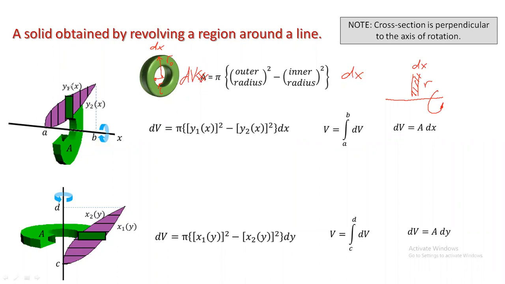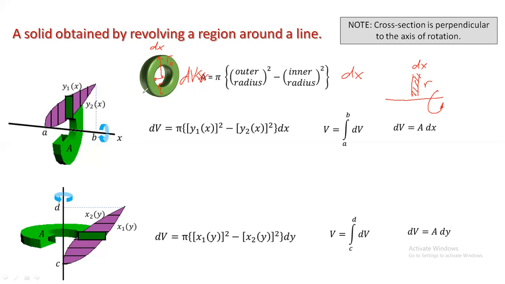If you have several of these, on the designated limit of integration, then you will have the entire volume of the shape that you are accounting for. But what did you use? You used the washer method, because the area that you have determined has a hollow portion, or specifically the solid of revolution has a hollow portion.